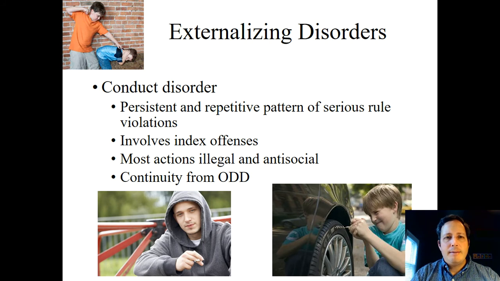A lot of times there is a continuity from oppositional defiant disorder into conduct disorder. It's usually a three-step process over the years. You see the development of oppositional defiance in early to mid-childhood, that moving to conduct disorder maybe in adolescence. And then if that persists, you can see antisocial personality disorder oftentimes resulting.